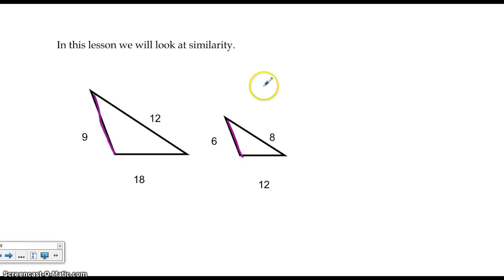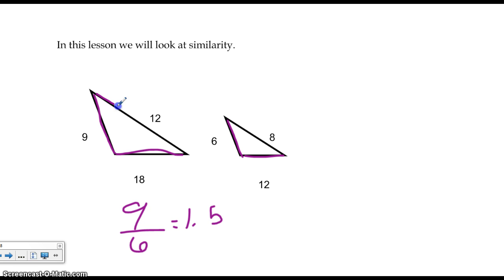So, does 9 over 6, 9 compared to 6, equal 1.5? Does the same thing happen when we take 18 divided by 12? The answer is yes.